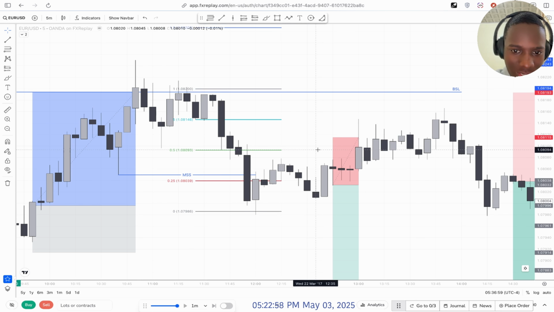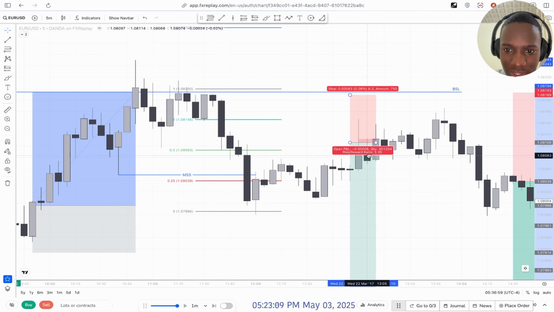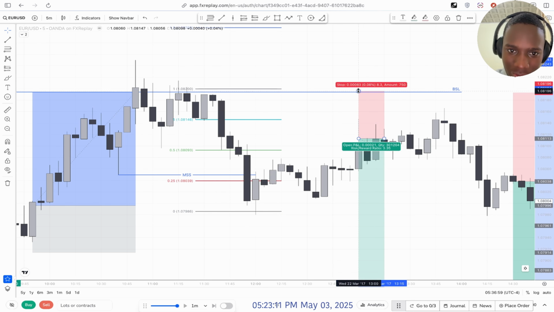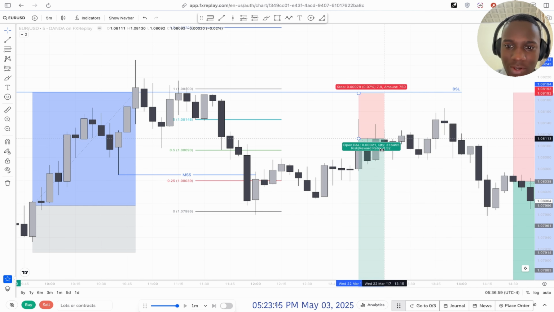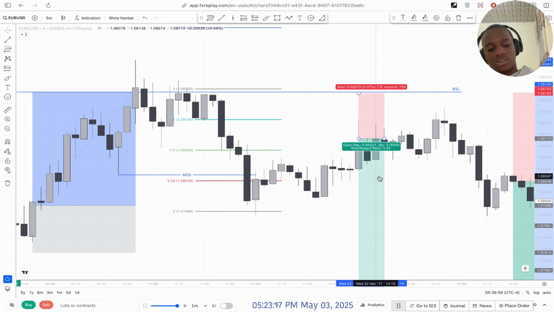So taking a trade in the discount, we were selling low, which is inadvisable. So we would have waited for it to reach at least this level, the premium, and then look to sell off. A trade in here would have been better because we would have a stop loss in here which wouldn't have been hit, and the target would have been reached instead of getting a loss.